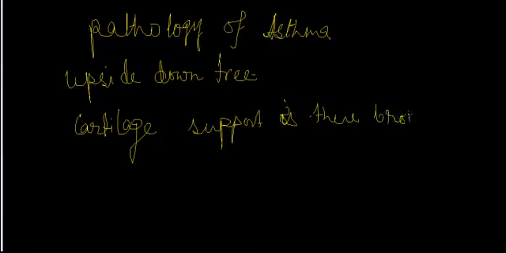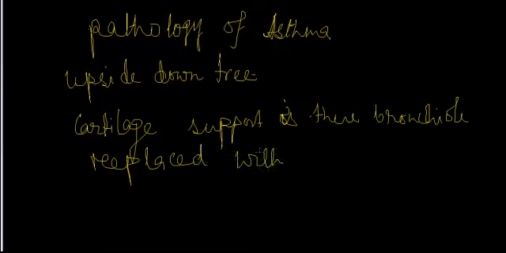Just before the bronchioles the support goes out, and as the branches become narrower and narrower, the cartilages are replaced with elastic tissue.